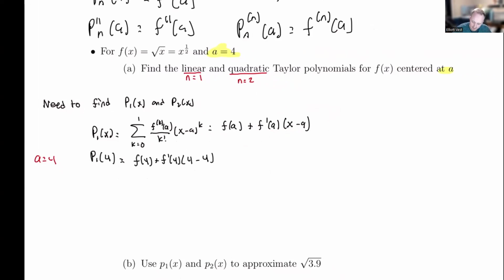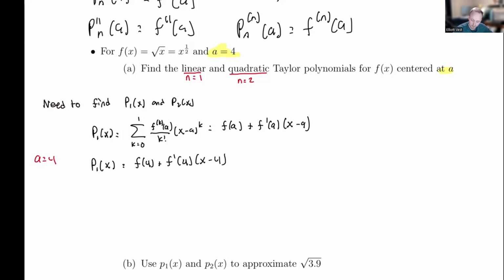Let's take a step back real quick. Yeah, because I'm not looking to plug anything into my function yet. What I'm looking to do is literally plug in the values I already know I'm looking for here.